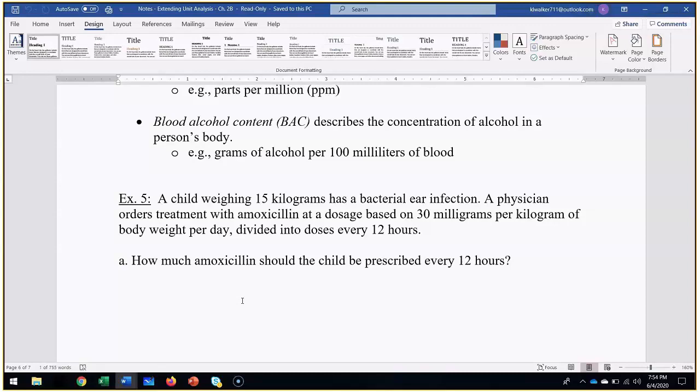All right, so definitely going to jot all this down. We've got a 15 kilogram child. Dosage is 30 milligrams per kilogram per day.